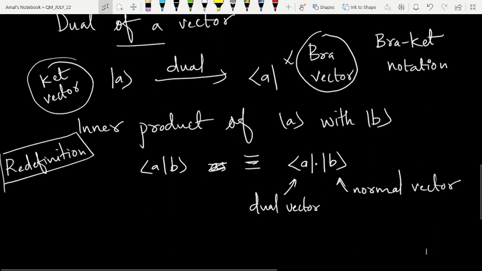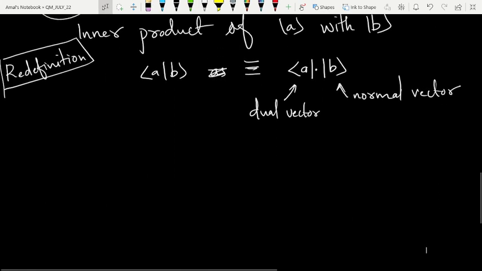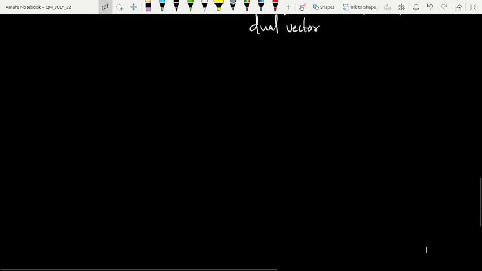So this is the definition of inner product. Inner product is a rule that maps two vectors into a scalar.